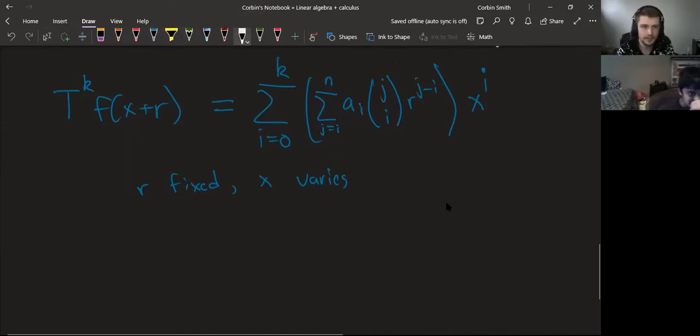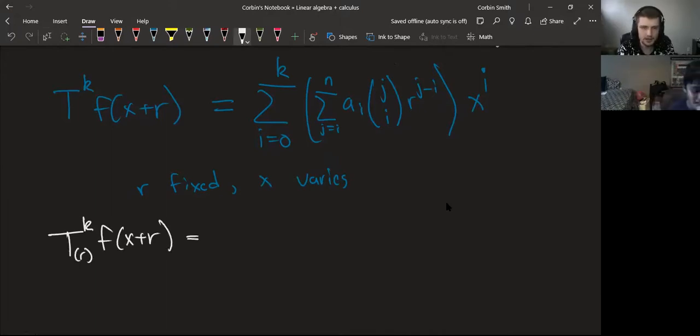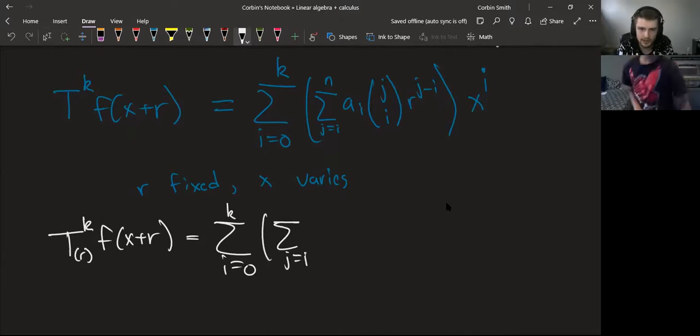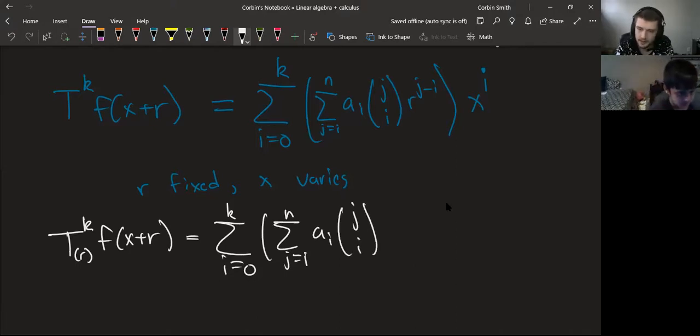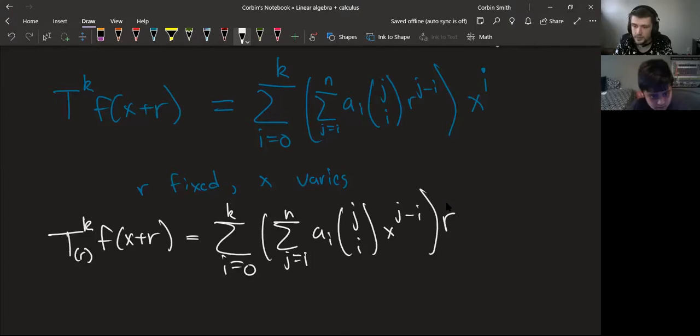So I'm going to write T_k, but put an r in parentheses: T_k(r) of f of x plus r is the sum from i equals 0 to k of the sum from j equals i to n of a_j, j choose i, x to the j minus i, times r to the i.